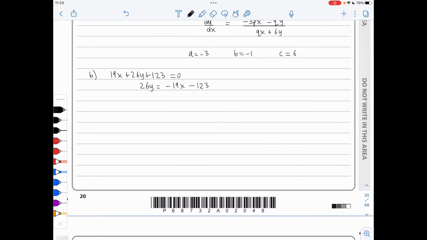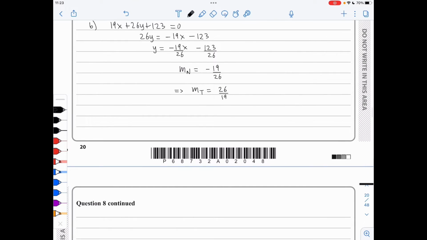So if I divide throughout by 26, I get that y is minus 19x over 26 minus 123 over 26. The gradient of the normal is minus 19 over 26, which means that the gradient of the tangent will be 26 over 19. Remember, these two numbers should be multiplying out to negative 1.